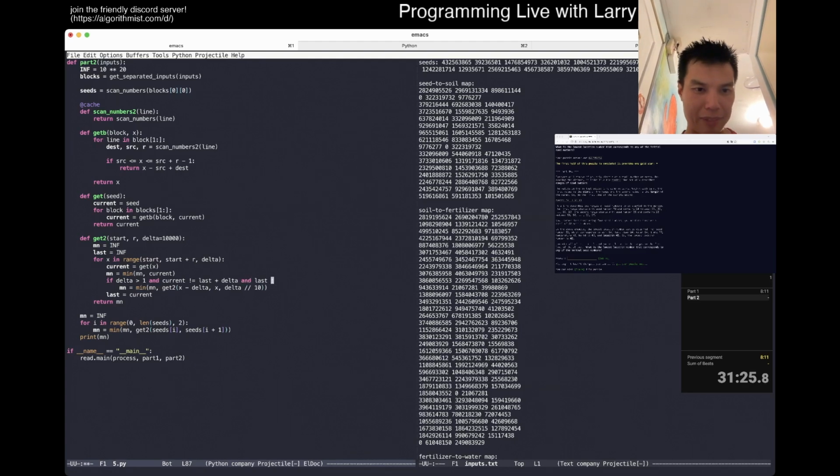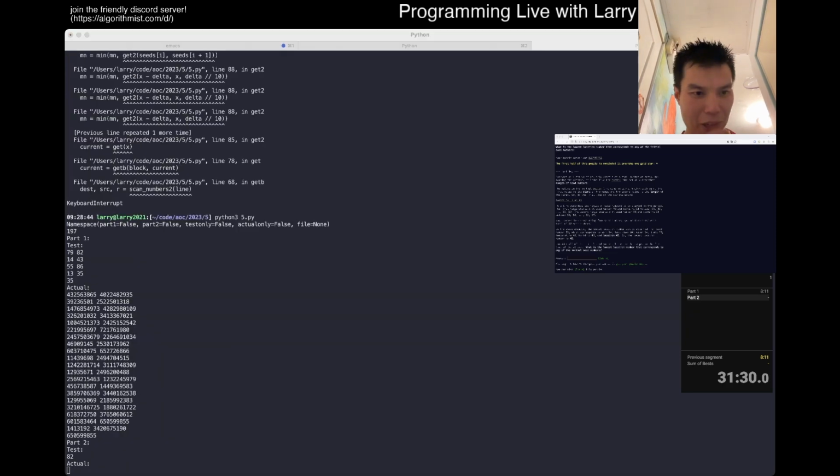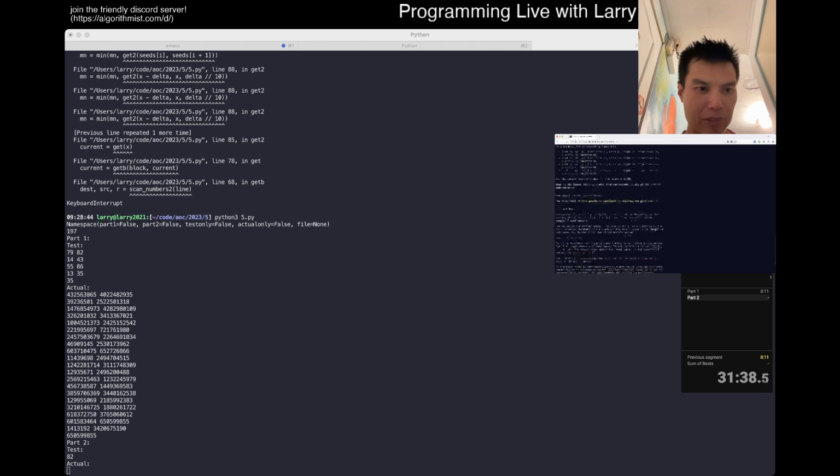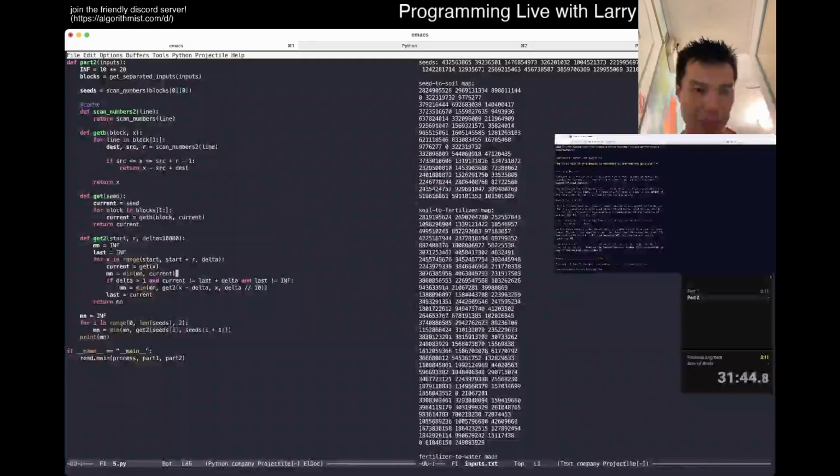Okay, last is not infinity. Maybe that. Still wrong though. I thought that may work. But okay, I see why this is not working for that input, because the initial gap is too big for that.